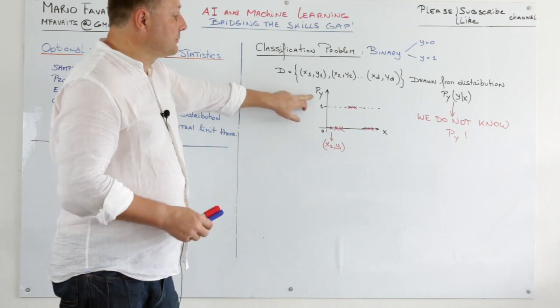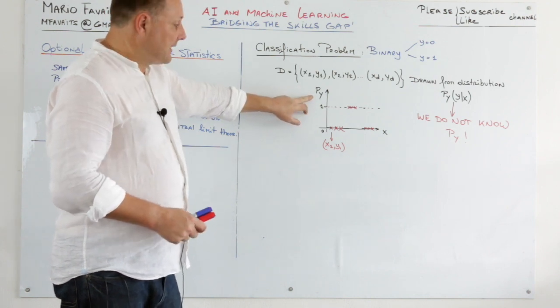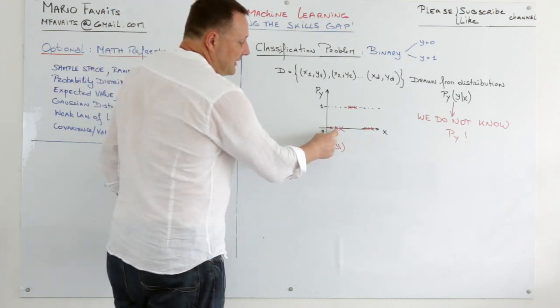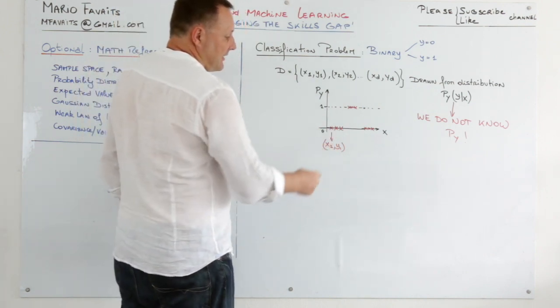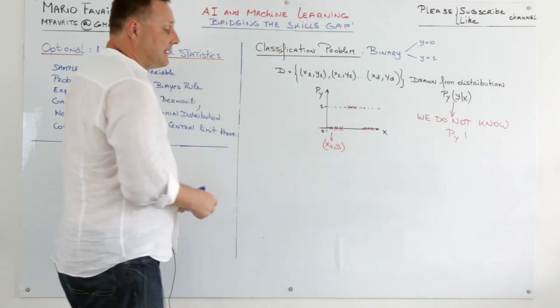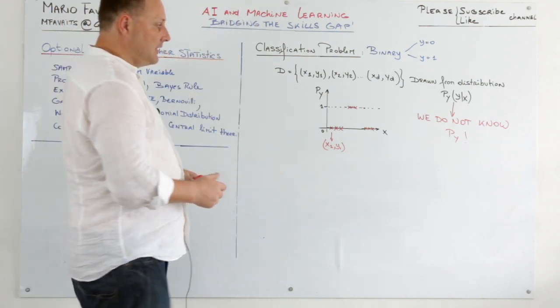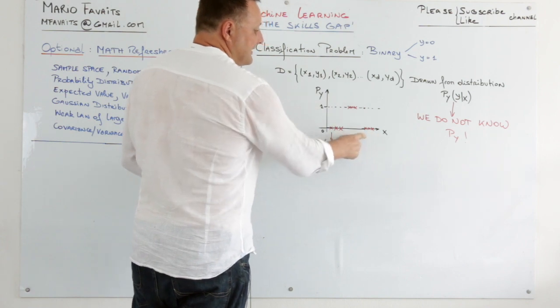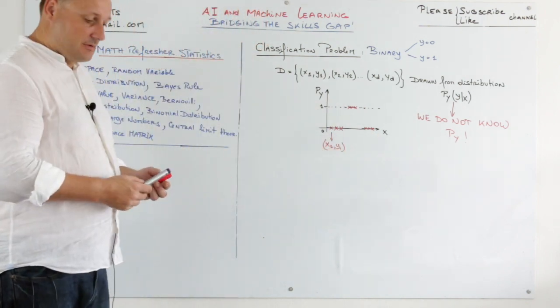So here you have your p of y given x. For example, these are 3 brain scans, and they have been classified as y equals 0. These 3 have been classified as y equals 1, and these 3 again y equals 0.